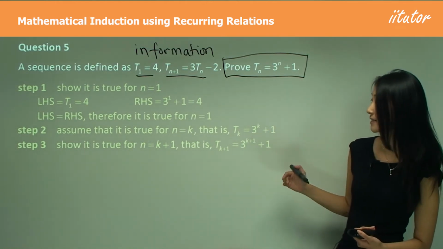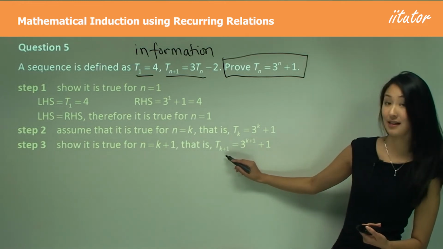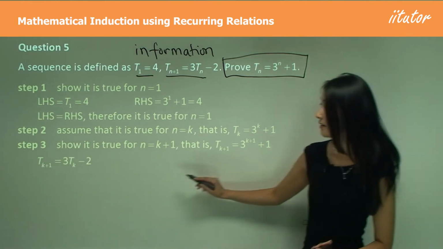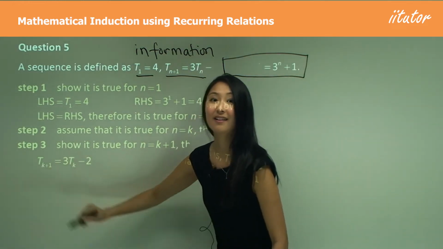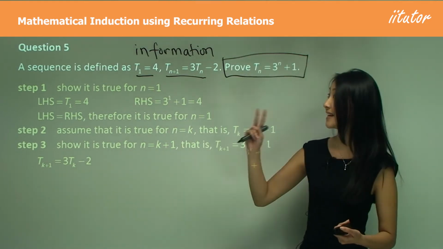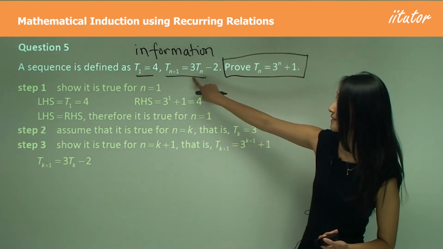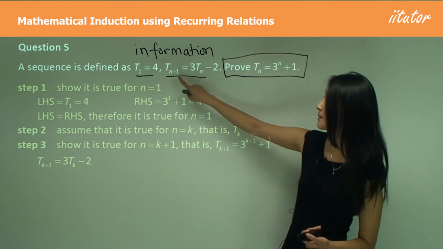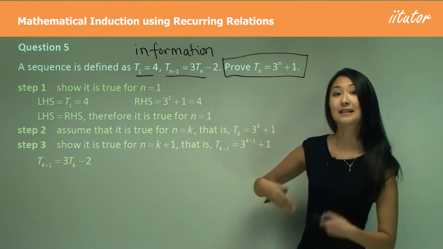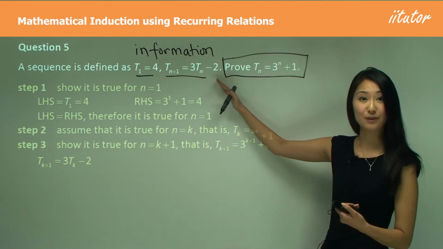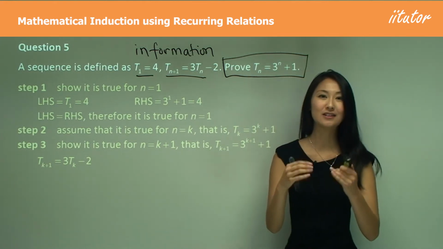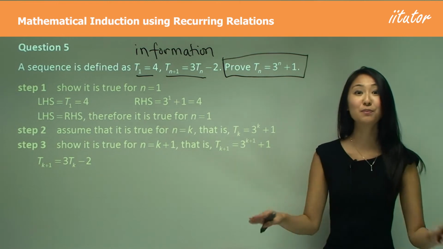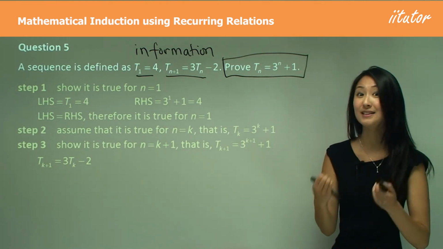And now we're going to start off with the left-hand side, which is t(k+1), okay? So we have t(k+1). Now is when we use the second part of the information, which is t(n+1) equals this. So by substituting in k, because this is information that's given to us, there's no proving necessary. We can use this information.